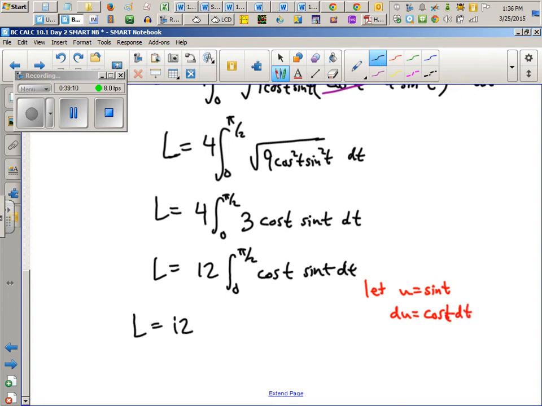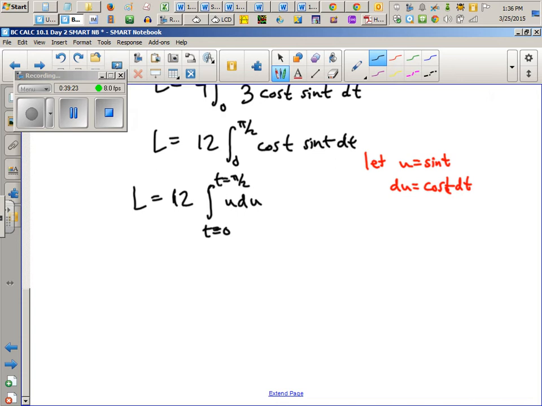L is 12 times the integral of u du. Remember, these are t values, not u values, as you know. So we get L equals 12 times 1/2 u squared from 0 to pi over 2, and these are t's.